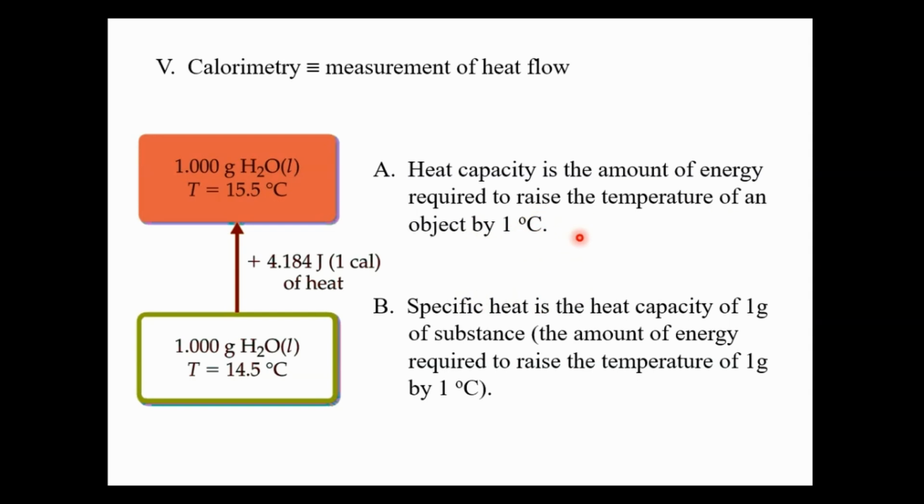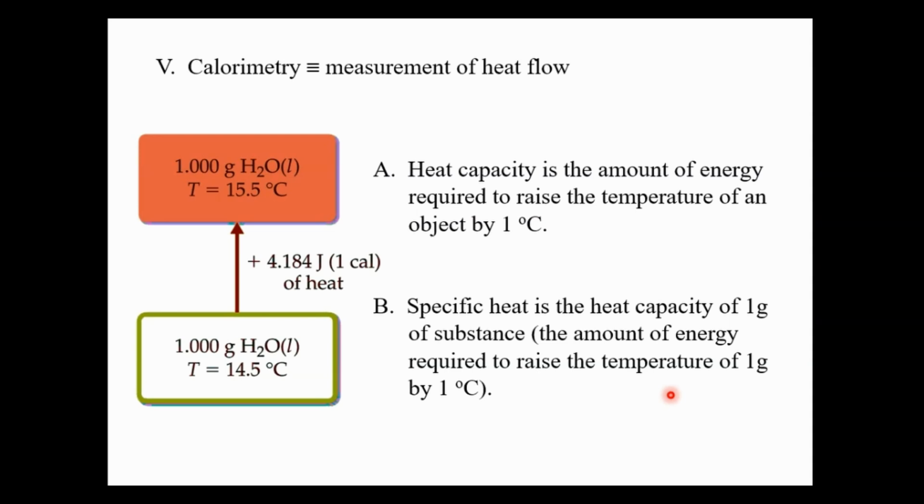Like my body has a heat capacity, this mug has a heat capacity. But if we specify a little more detail, we use this word called specific heat. Specific heat is the heat capacity of 1 gram of substance. The amount of energy required to raise the temperature of 1 gram by 1 degree C.